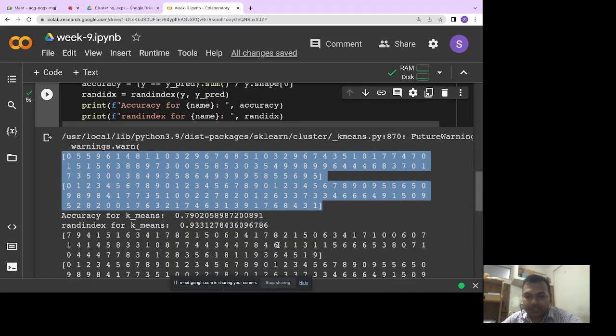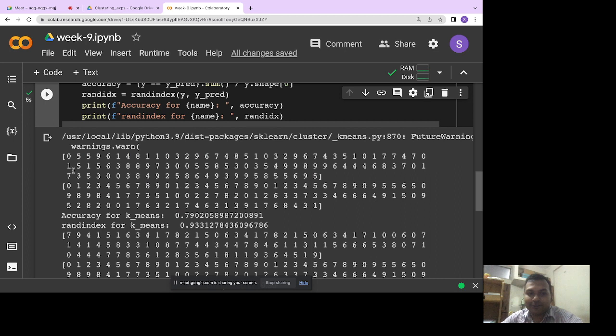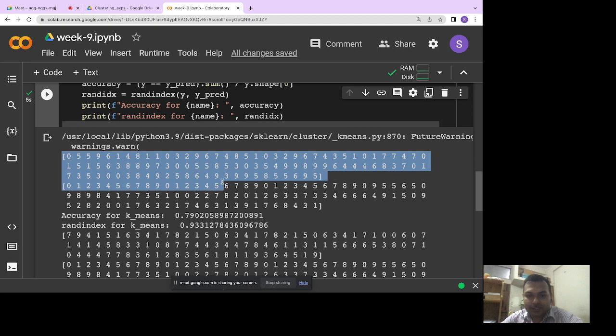Okay, see what is happening here. I wanted one of you to at least attempt this. Basically, these are your cluster assignments, the clusters that have been given by k-means. K-means had no knowledge of what was 0, what was 1, what was 2, what was 3 and so on.